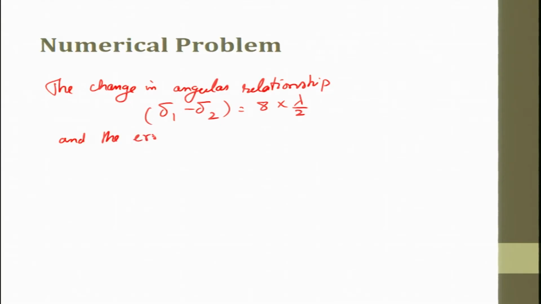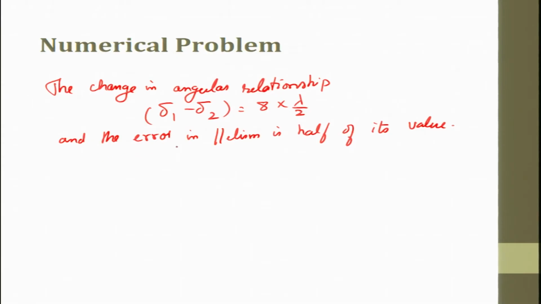Now, the error in parallelism is half of this value.